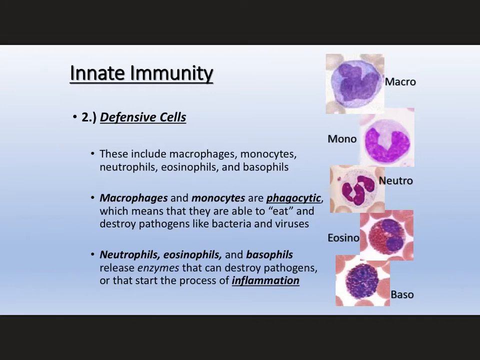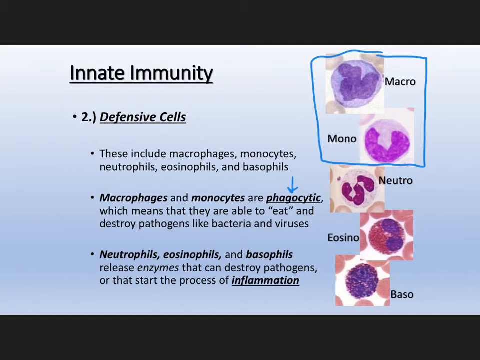Now, the second wing of your innate immunity is defensive cells. Basically, it's every cell we mentioned a few minutes ago except for the B and the T cells. To start with, we've got macrophages and monocytes, which again are the phagocytic cells that are kind of like Pac-Man. They eat invaders.